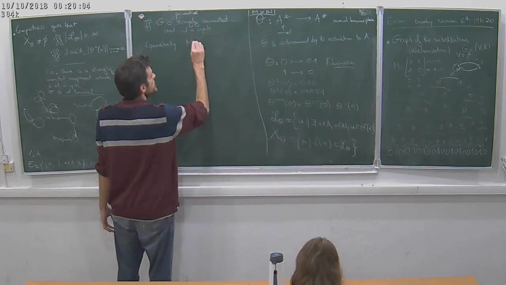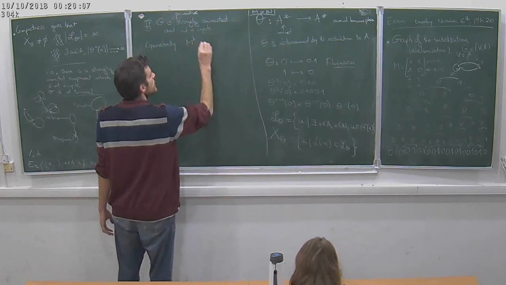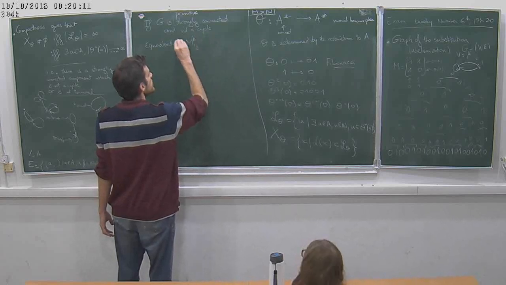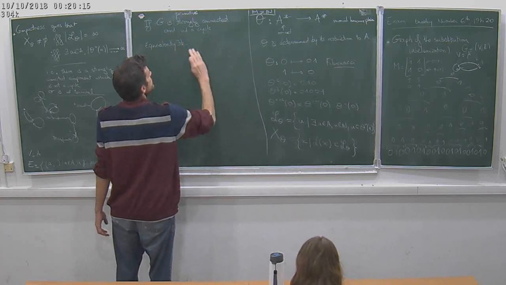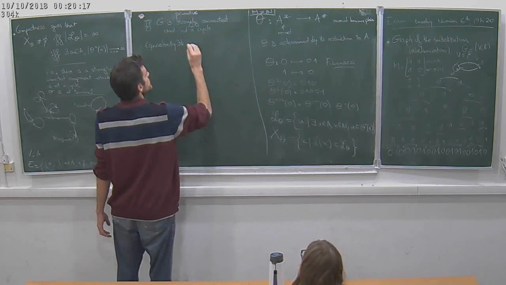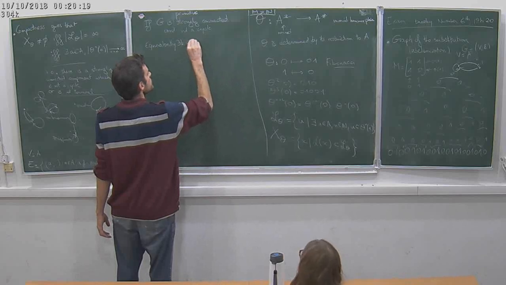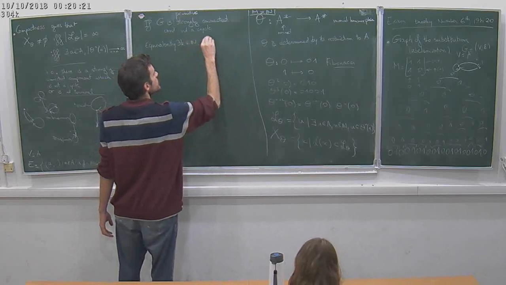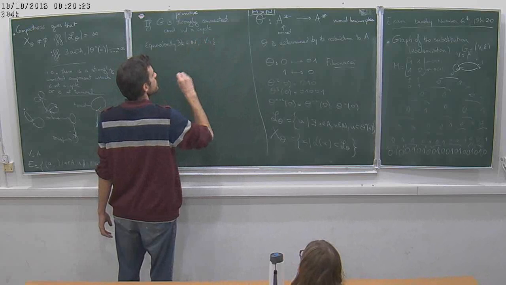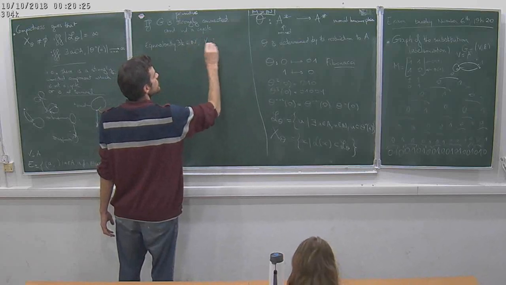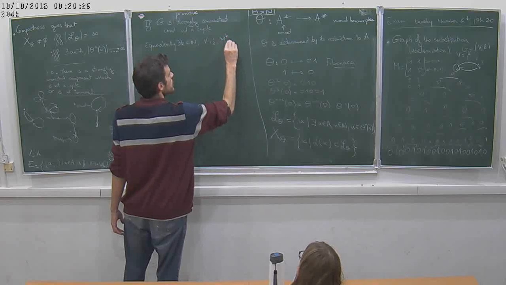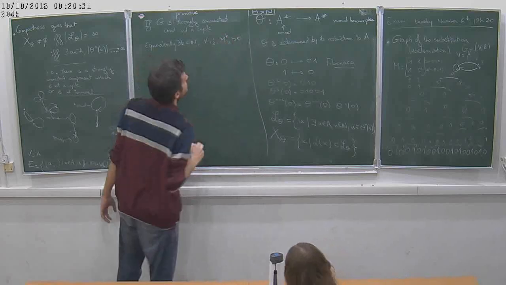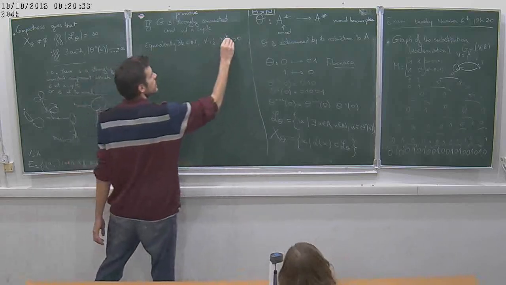So what does it mean? It means that there is this k, for all i, j, M to the k, i j is not 0. You remember this.